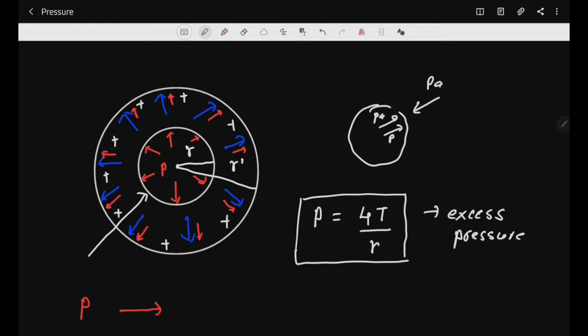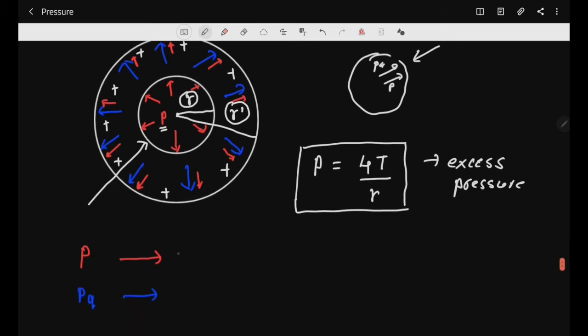We are talking about the initial condition when it is still not charged. Now when it is given a charge, we know that the size of the bubble will increase. Initially the radius is r, now let us say it becomes r dash. The initial pressure, which I have denoted by red arrows, will decrease and become P dash. Why has it decreased? Because the radius has increased.